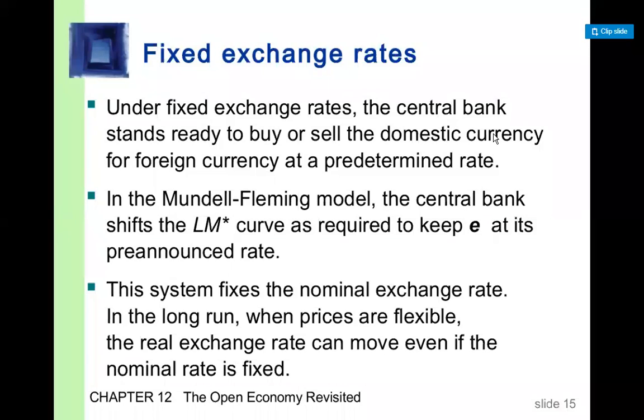In the Mundell Flemming model, the central bank can fix the exchange rate by shifting the LM curve. Very simple. That is a very simple explanation.